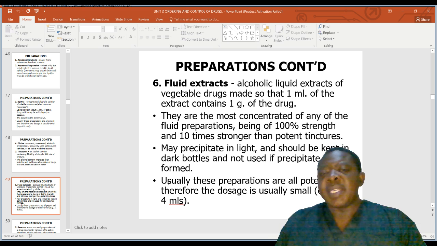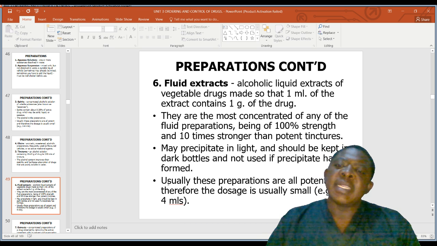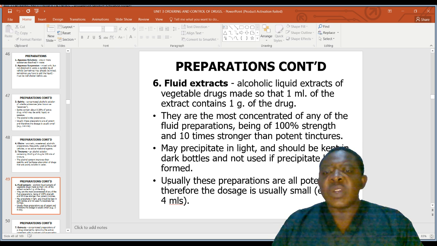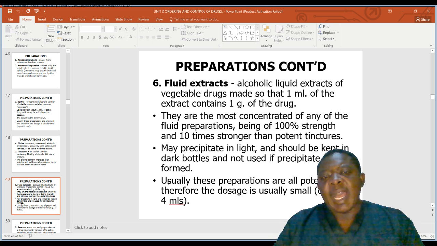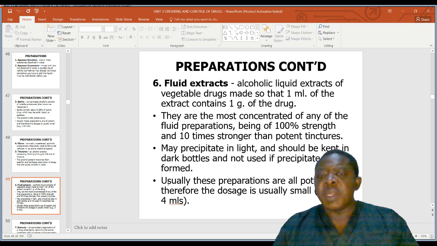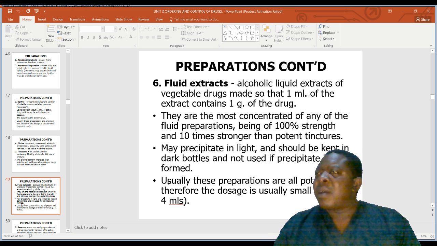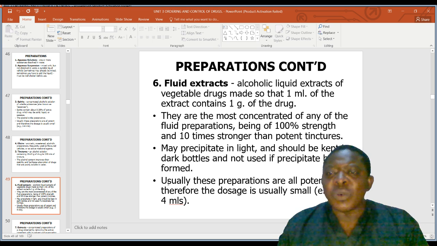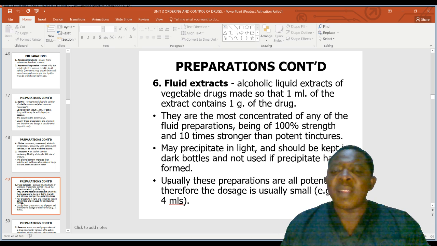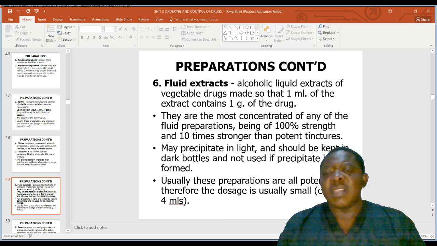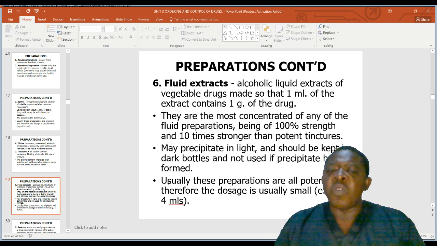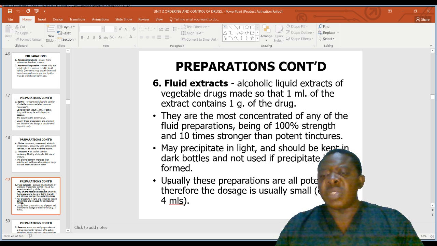They may precipitate in light and should be kept in darker bottles and not used if a precipitate has formed. You may be wondering why most syrups and drugs are found in a brown bottle. It is because they can easily be affected by light, so that is why they are packaged in those brown bottles. Usually, these preparations are all potent and therefore the dosage is usually small.